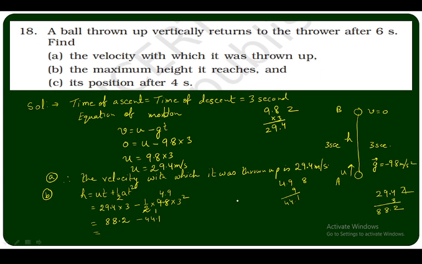If we subtract, 88.2 minus 44.1, we get the value 44.1 meter. So the maximum height reached is 44.1 meter.